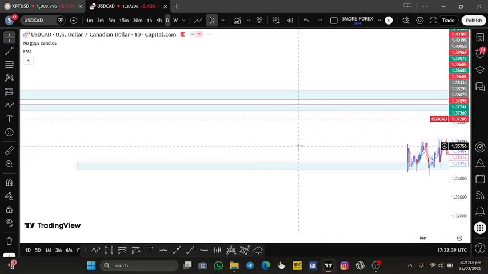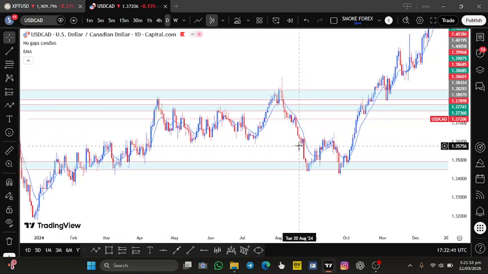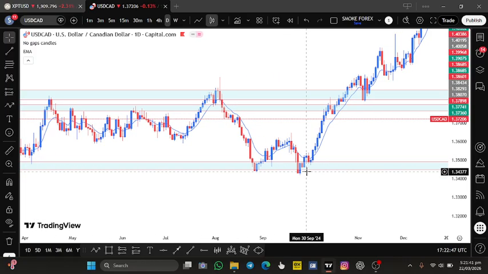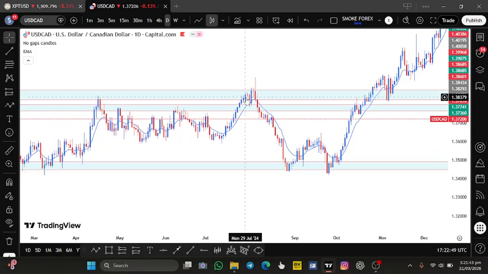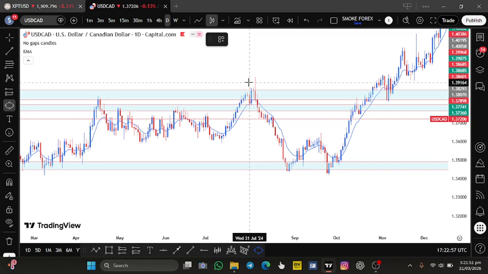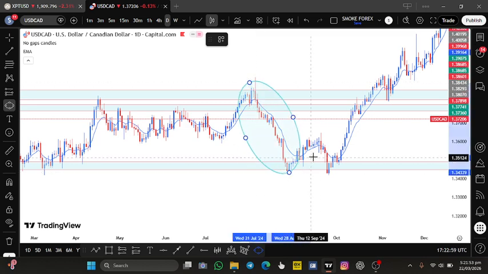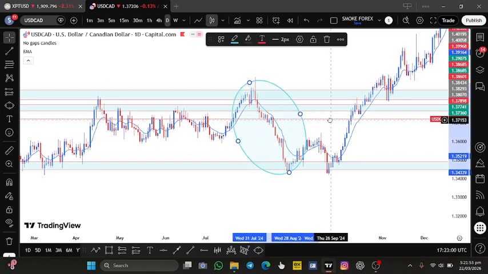Looking at our past data, this happened in August 2024. When price tapped this area of interest, it rejected it with a long wick rejection, telling us that price is rejecting the area of interest.